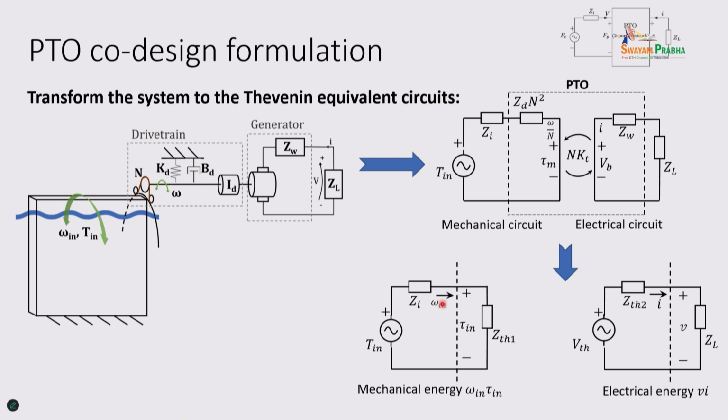Mechanical power basically is torque and rotation speed, and in that part you take that as output impedance. And for the electrical part, you consider all the impedance lumped together, and you can maximize the electrical power output with feedback control considered.